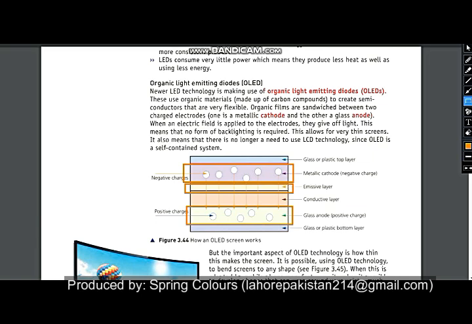Because this is organic material, it becomes fluorescent and will produce light of its own. So I have mentioned this paragraph as the technology behind OLEDs.